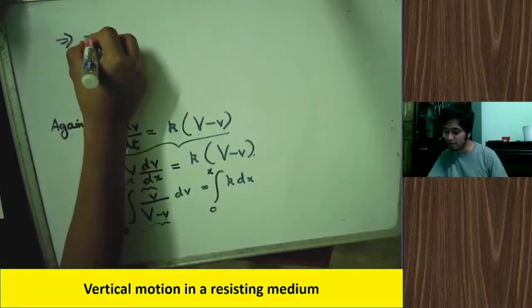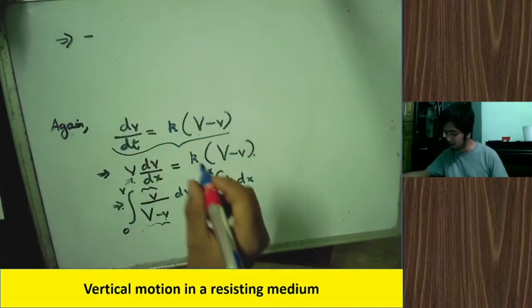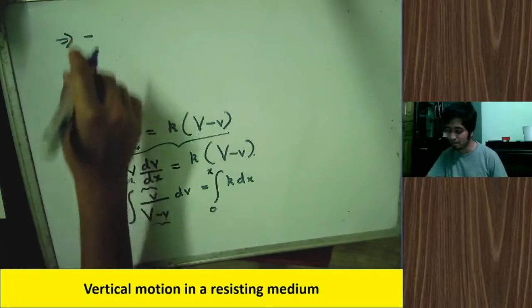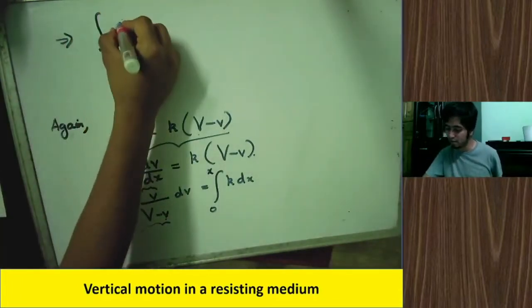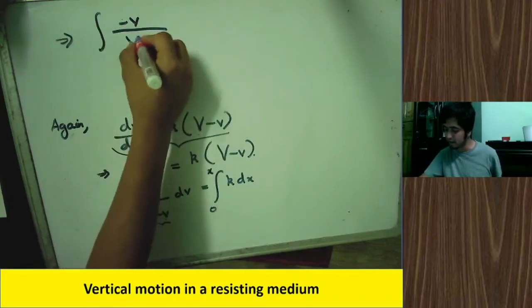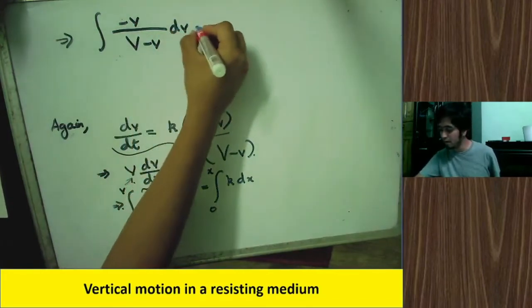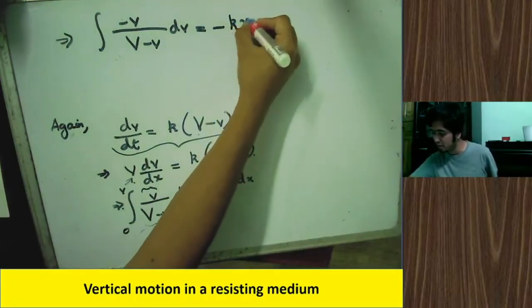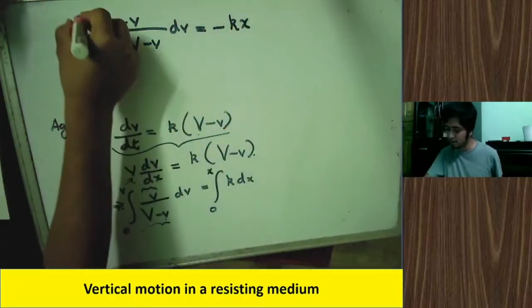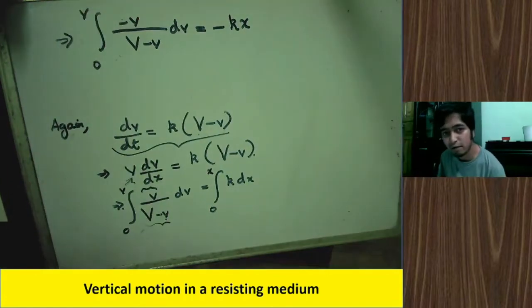So I can write it like this: multiply both sides by minus. If you multiply both sides by minus, you'll be having something like this. Next, what do I need?